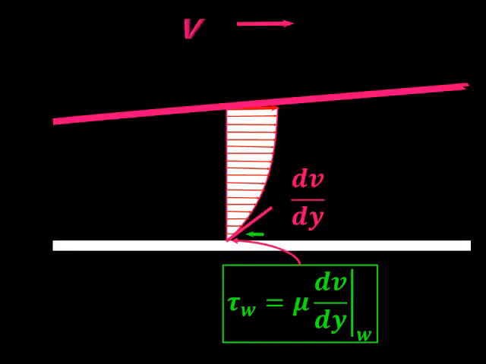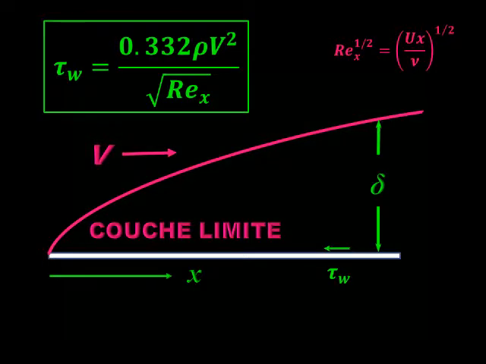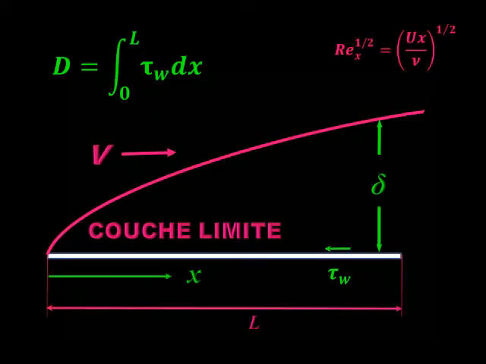Theoretical calculation of dV by dy at the plate surface permits evaluation of the wall shear stress at each x distance, and drag is obtained by integration over the plate of length L.